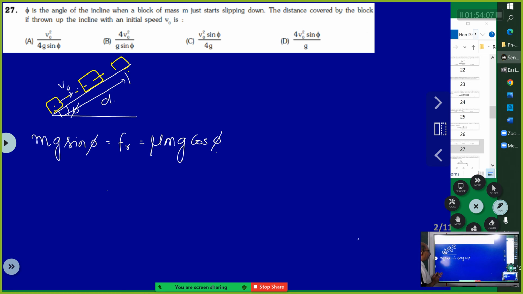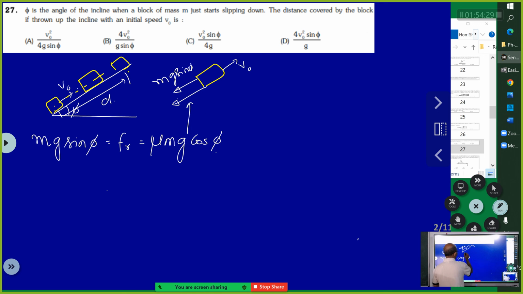When the block is moving up, friction is opposite, so friction will be downward. The initial velocity vector is like this, but then there are two retarding forces: one is mg sin phi, and the other is the retardation due to friction.